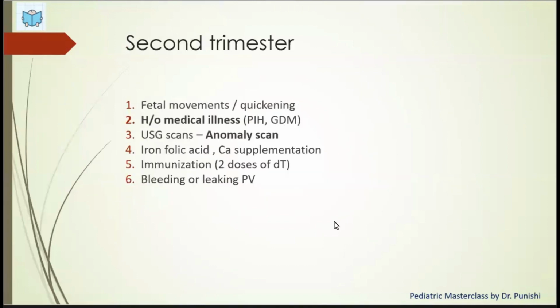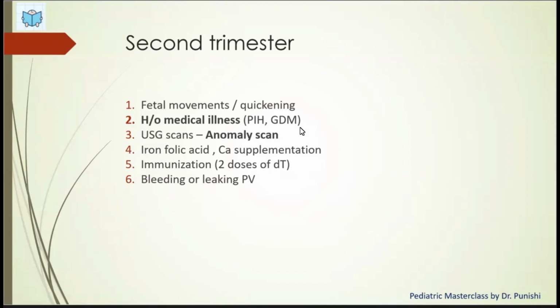Now, in the second trimester, when the mother started noticing or feeling the fetal movements of quickening, ask about any history of medical illness like hypertension or gestational diabetes mellitus. Why is this important? Both PIH and GDM increase the risk of placental insufficiency, so impaired perfusion of the fetus causes increased risk of hypoxia.